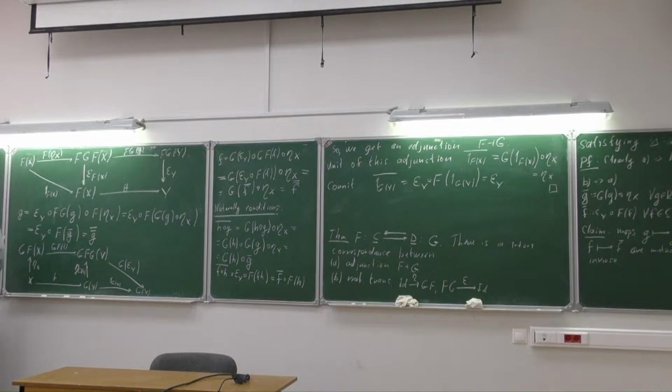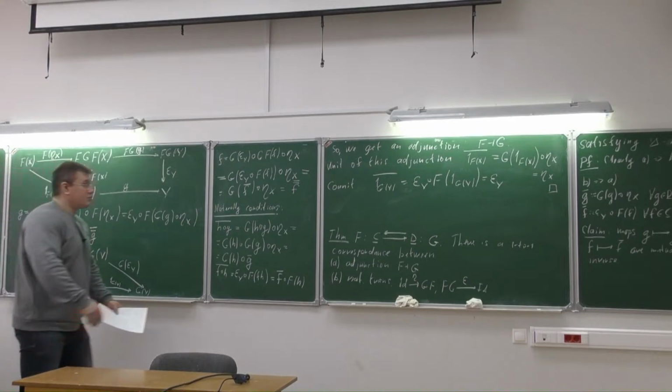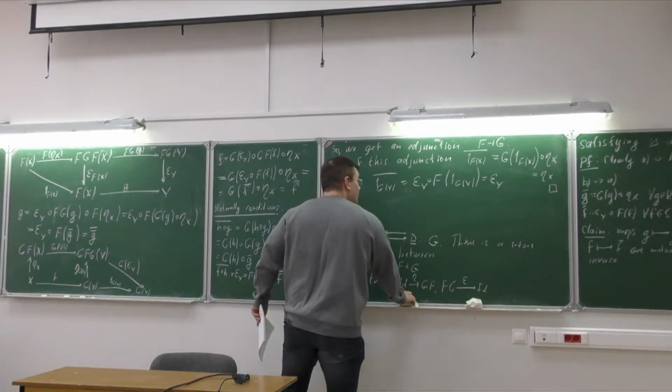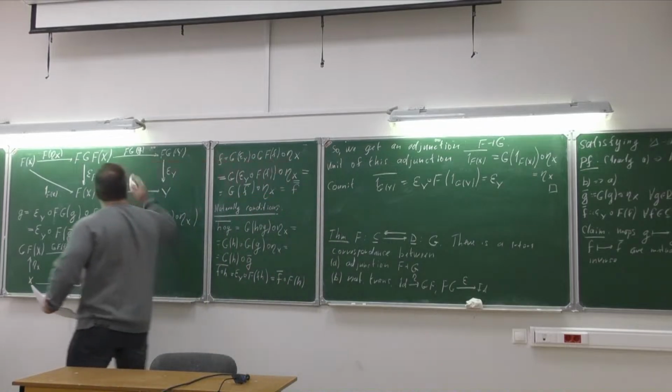So this is the second way to think about the adjoint functors. And there is one more way to think about this. But before we do this, I want to prove a kind of separate proposition. I can prove it in any moment, so let's do it right now.